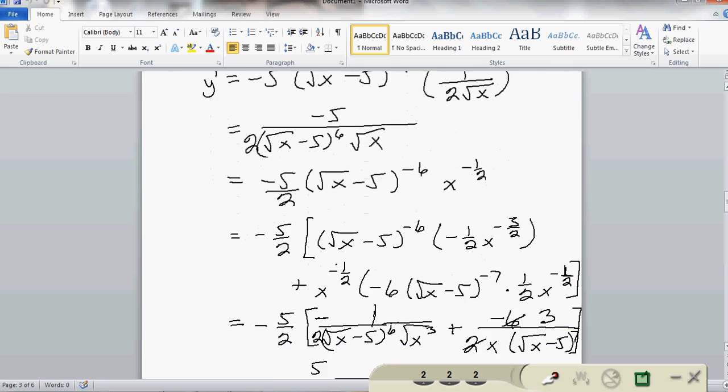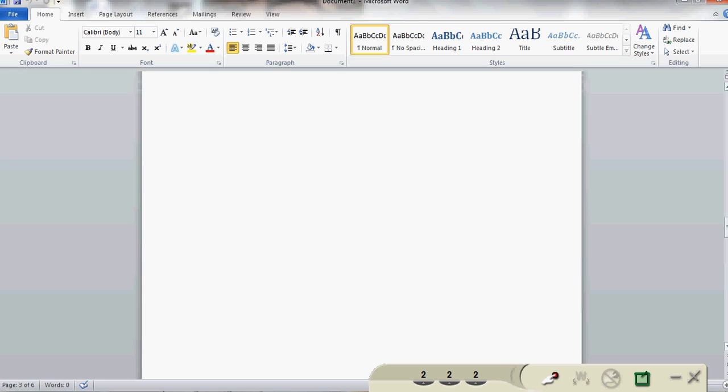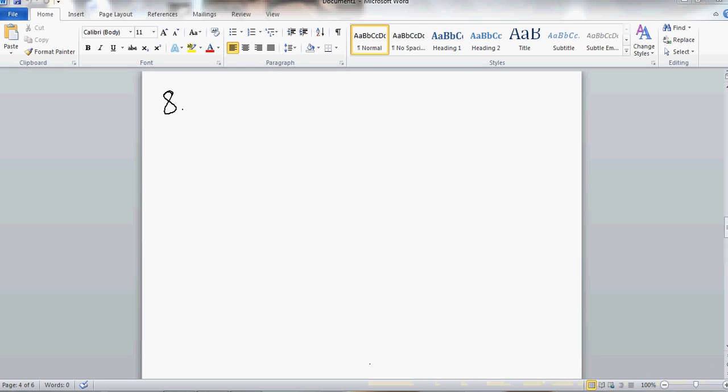Okay, number 8. Second derivatives aren't always very nice when we have to deal with the chain rule, but it's something we really have to contend with. So we have number 8, which is y equals 3x to the 5th times the quantity 4x minus 6, squared.